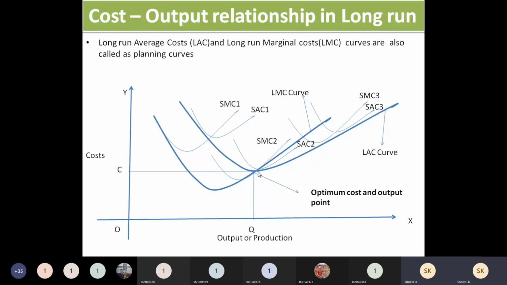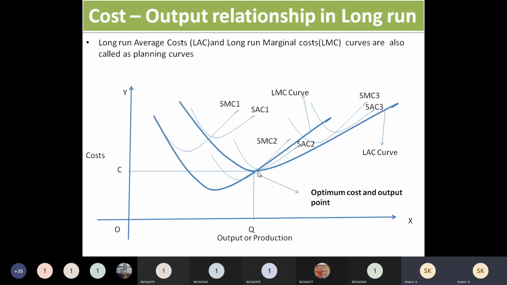LAC and LMC curves are also called as what? Planning costs. So you are going to plan how the organization should grow to get the optimum point of cost and output, and accordingly you are going to implement the plan.